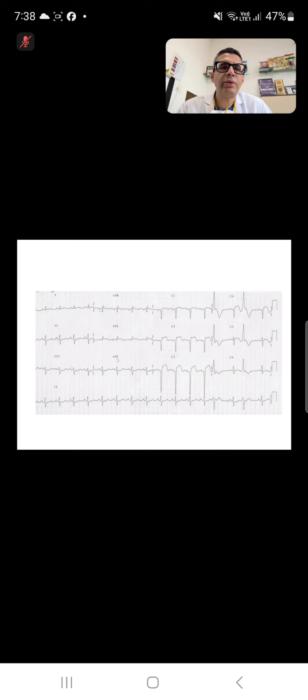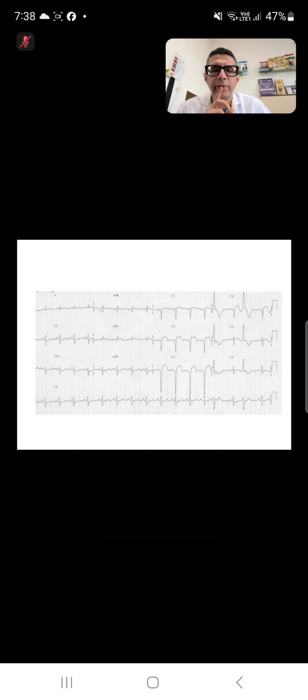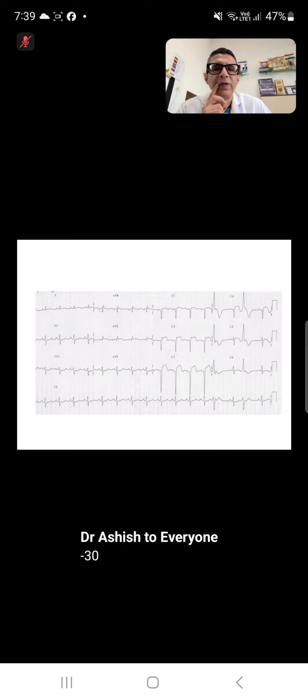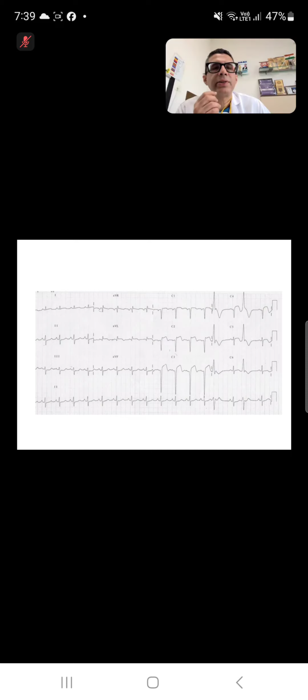Can you tell us what is the approximate axis here? LAD is there, sir. Which is the most equiphasic wave here? Lead 1 and AVF. Equiphasic AVF is almost 0 degrees. Lead 3 is also almost equiphasic, so that will come to around 30 degrees. Lead 2 again is kind of equiphasic.